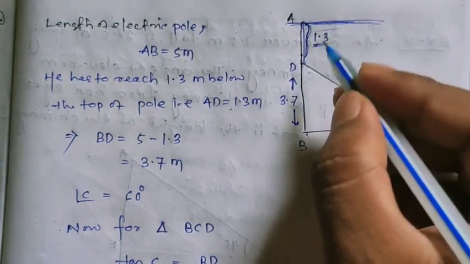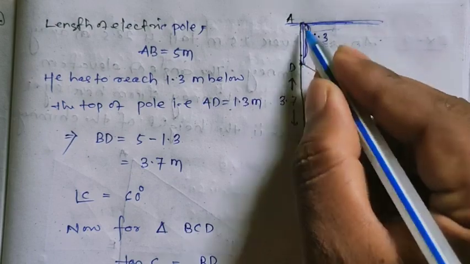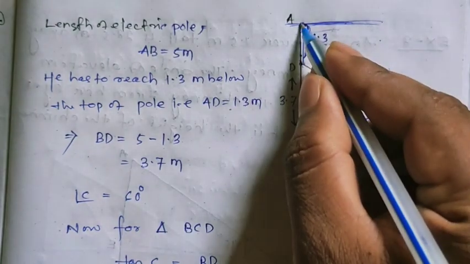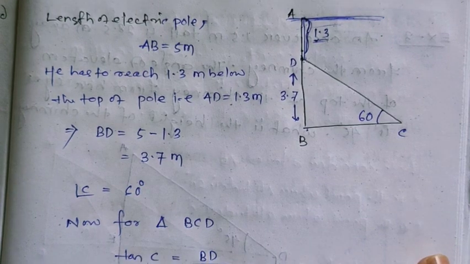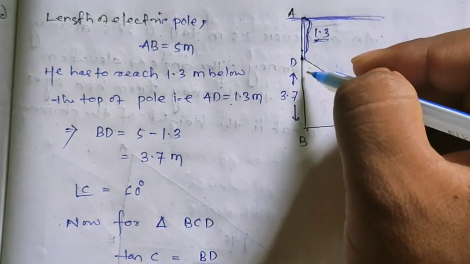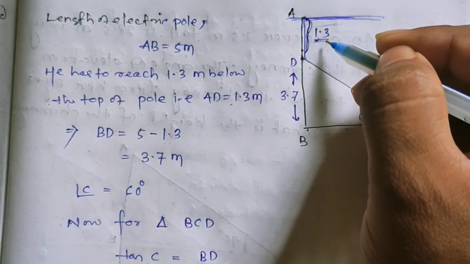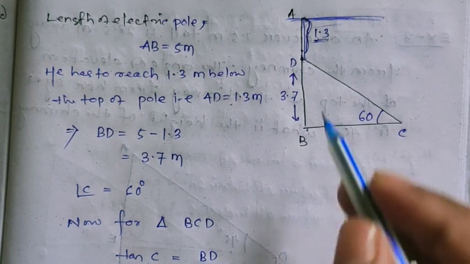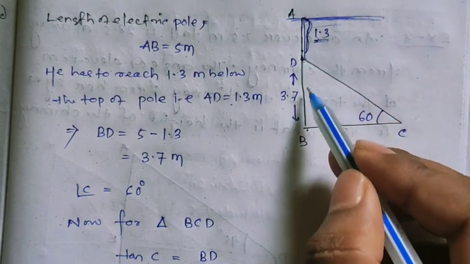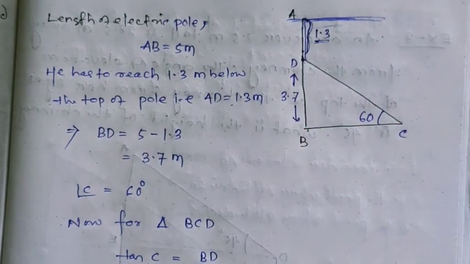The top of the ladder is 1.3 meter below the top of the pole. That is AD is equal to 1.3 meter. This implies BD is equal to how much? That is 5 minus 1.3, that is your 3.7.